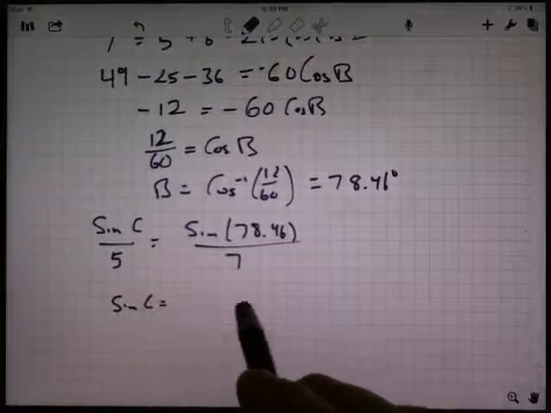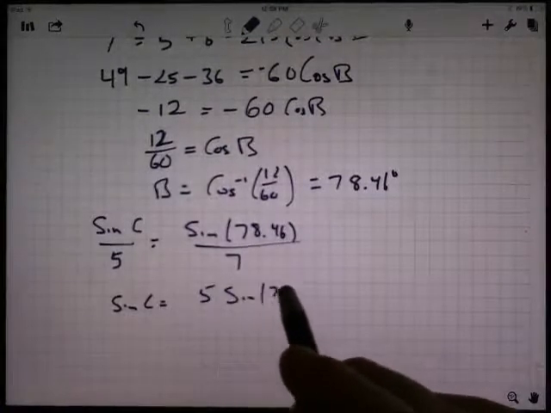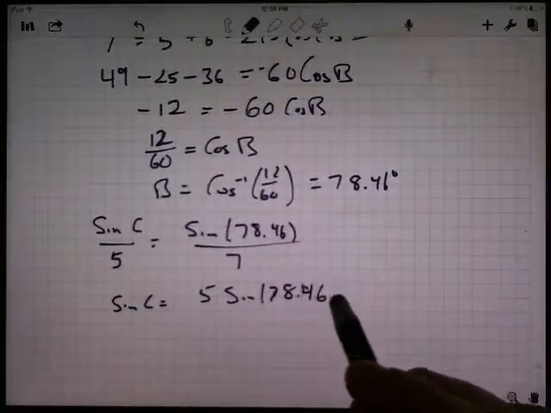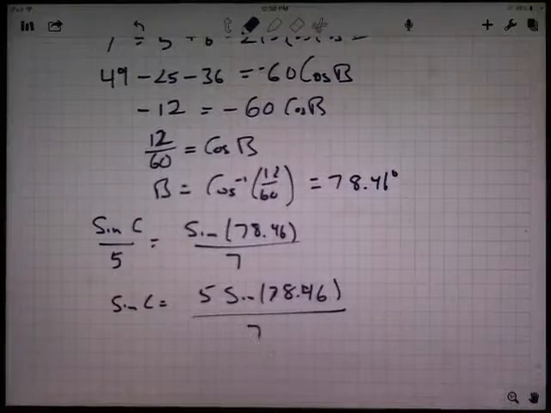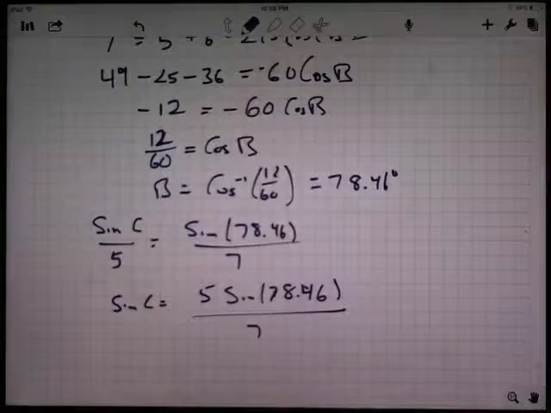Sine of C is 5 times the sine of 78.46 divided by 7. So here we go. I tell my calculator, 5 times the sine of the previous answer divided by 7.